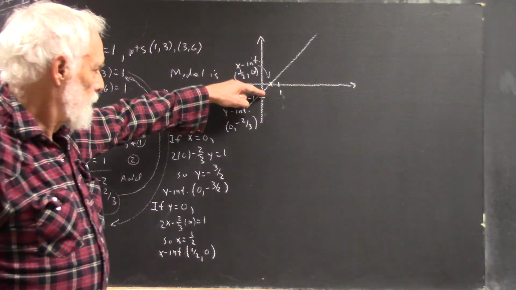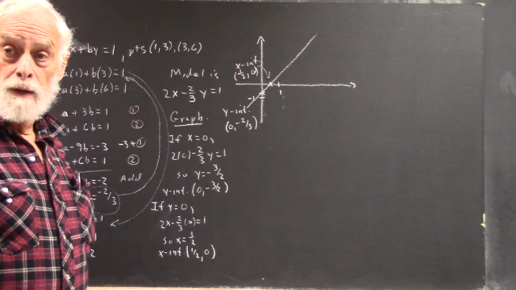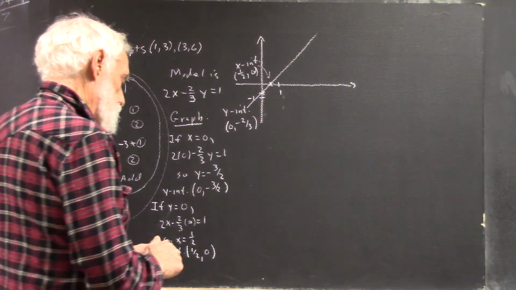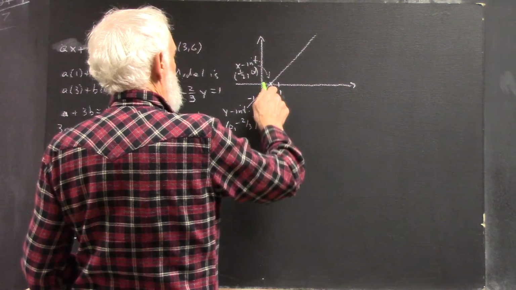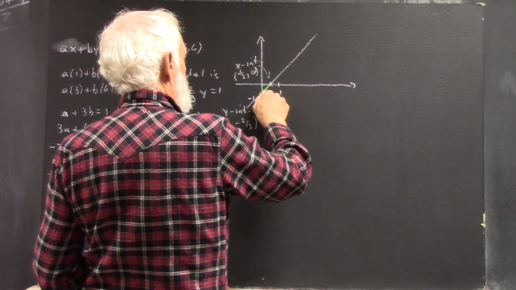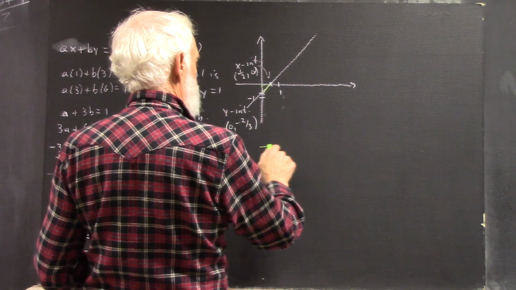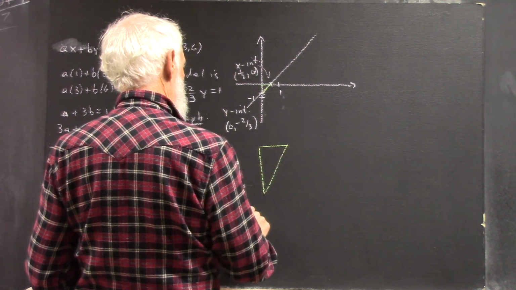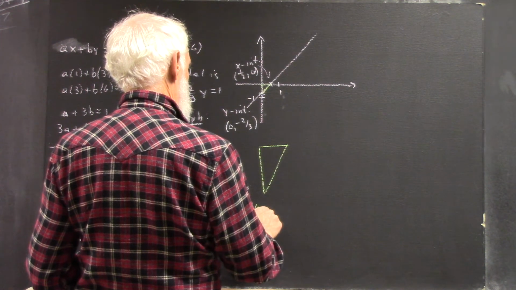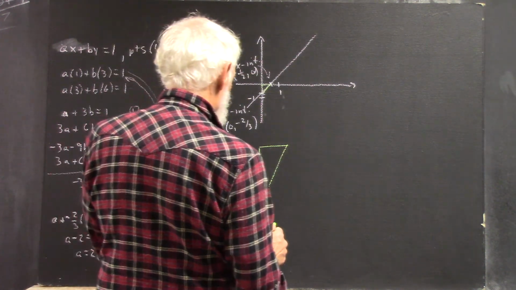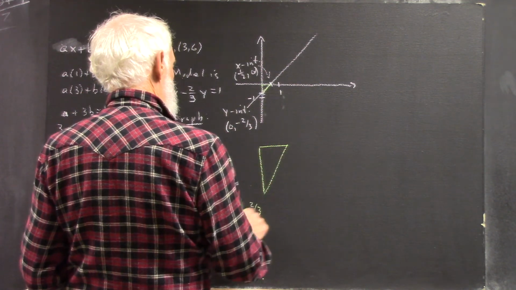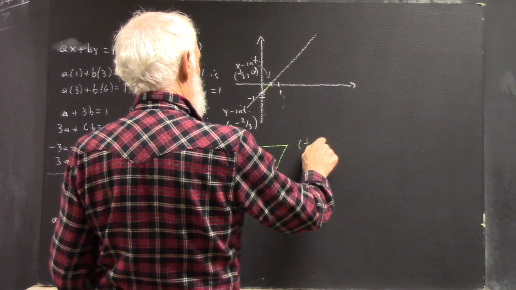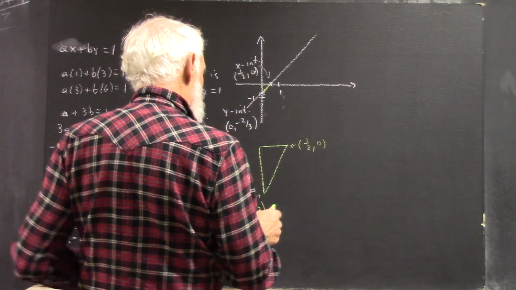If you did the fundamental triangle for this, you would find that the slope is 3/2. Okay, so if we do this fundamental triangle, (0, -2/3) here, (1/2, 0) here.